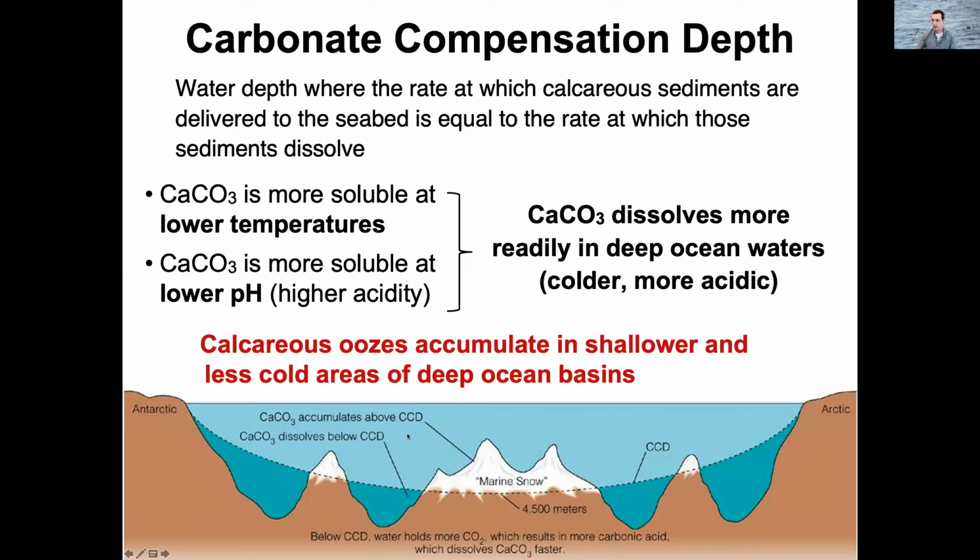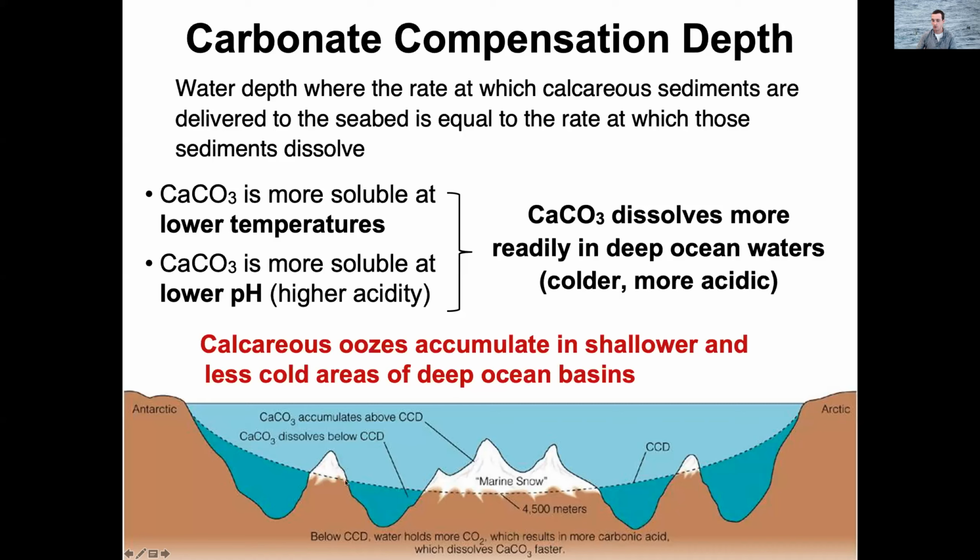But the main thing to know for now is that this lysocline, this depth-dependent horizon, or this latitude-dependent horizon that identifies a uniform chemical property, that's what a lysocline is, determines where you have the accumulation of calcium carbonate and siliceous materials.